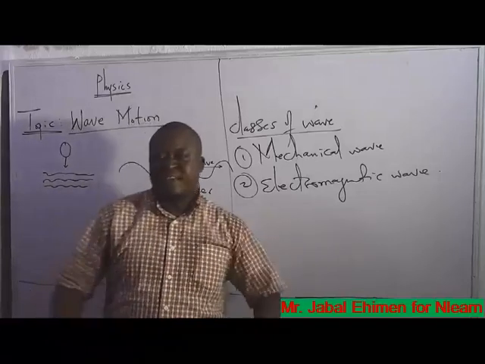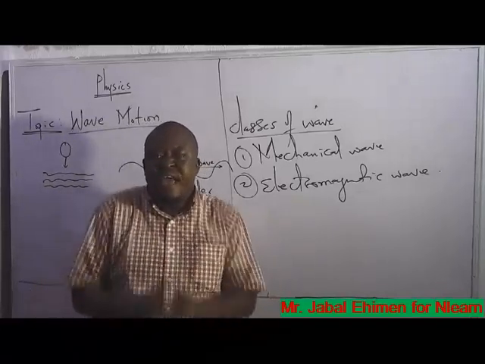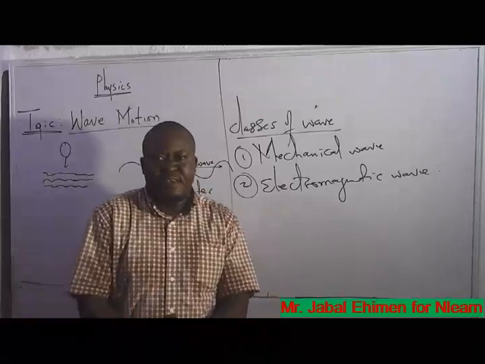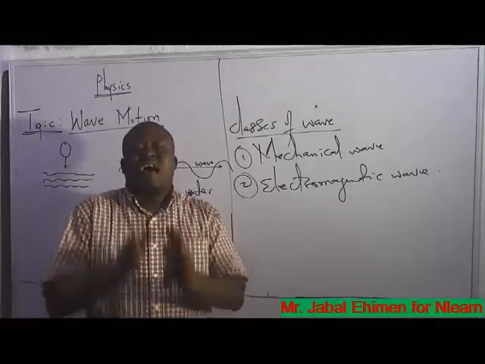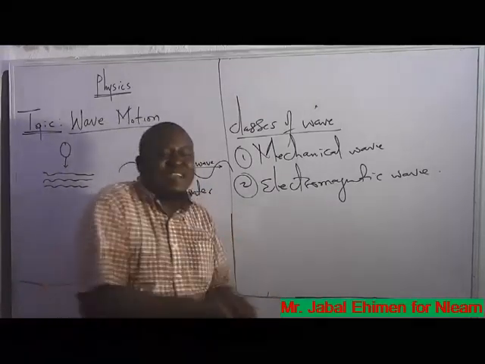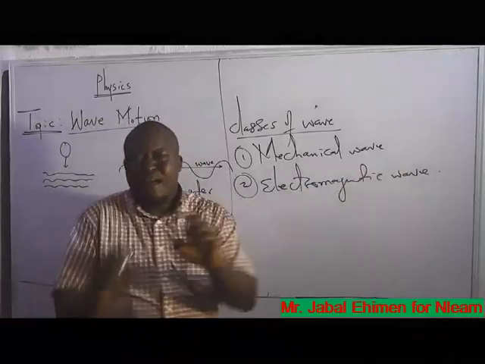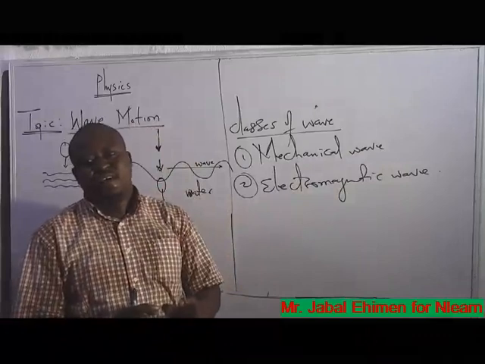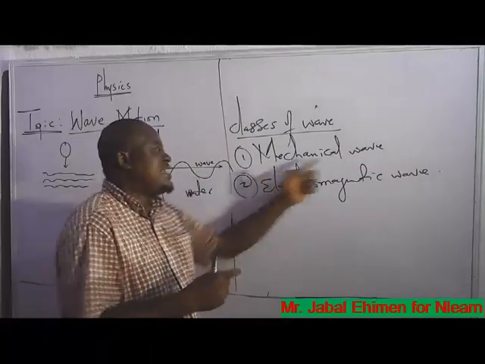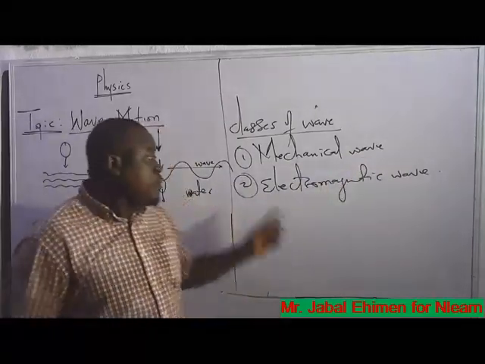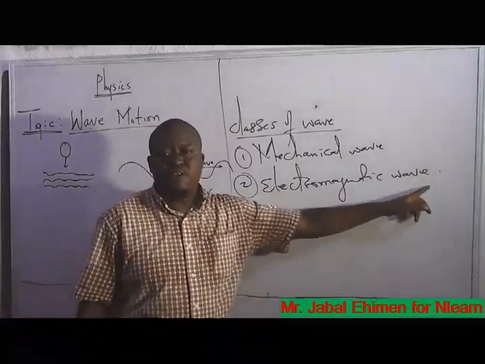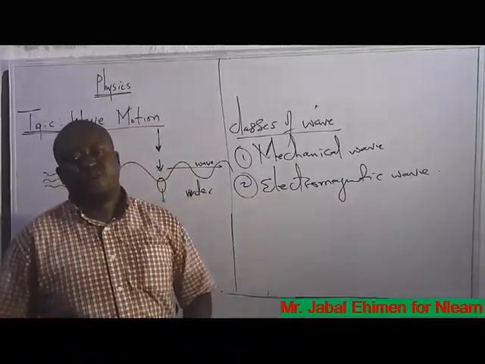Any wave that you propagate that has to do with a material medium is called a mechanical wave. A material medium is needed for a mechanical wave to be achieved. But for an electromagnetic wave, no material medium is needed.